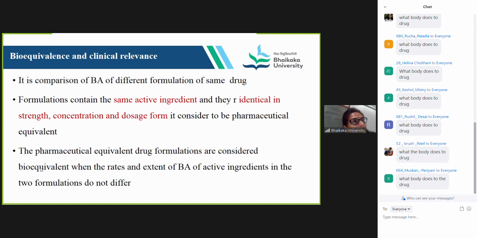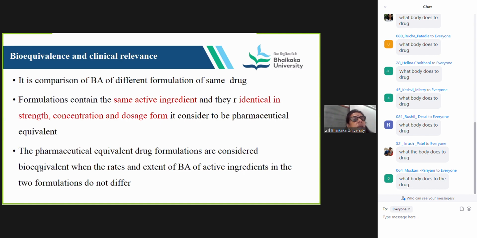We label these formulations as bioequivalent when their bioavailability is the same. Suppose in some disease a patient is taking a particular brand, then sometimes we emphasize that if you take one particular brand, you have to continue that brand only. If somebody changes the brand, there is a possibility of a change in bioavailability, which means they are not bioequivalent.